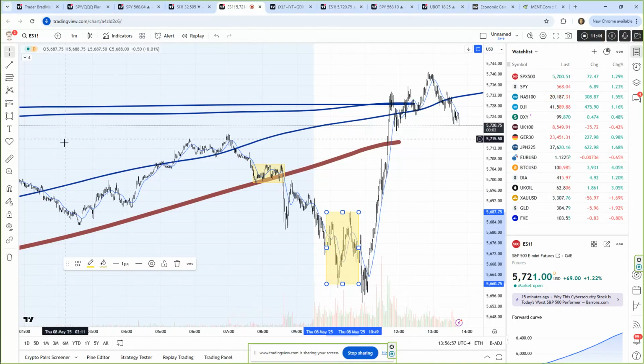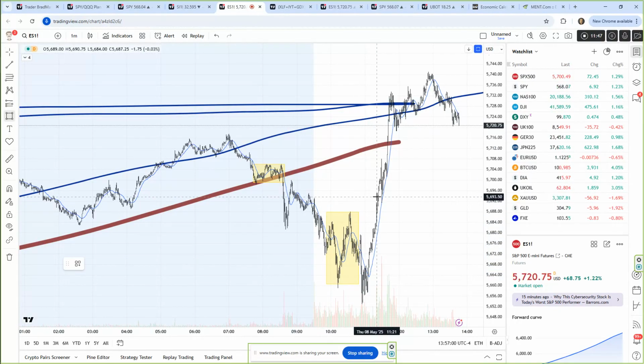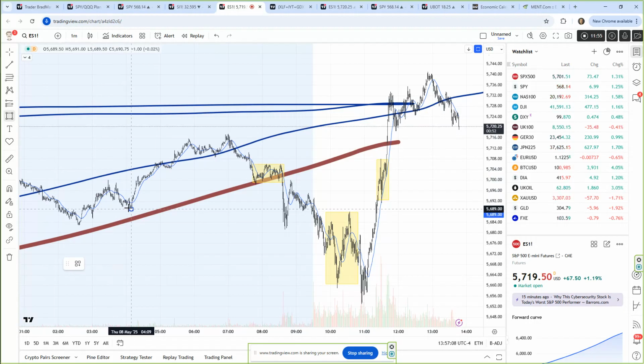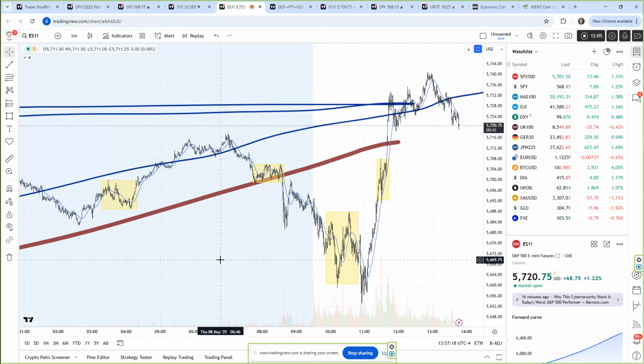I will draw some moderate consolidation right over here. And then I will draw some moderate consolidation right over here. Now remember, this is a 1 minute chart. So I'm looking at very short-term excess phase peak patterns.